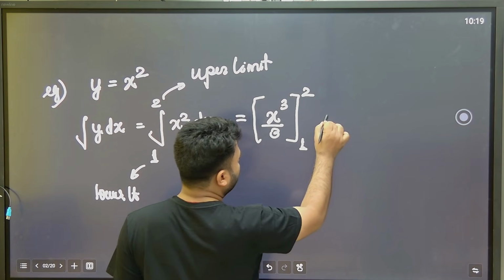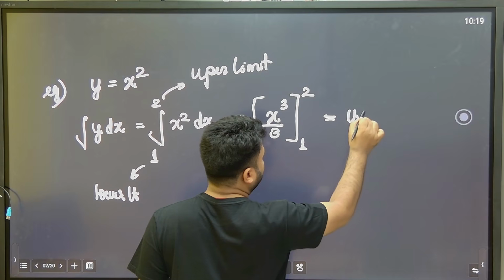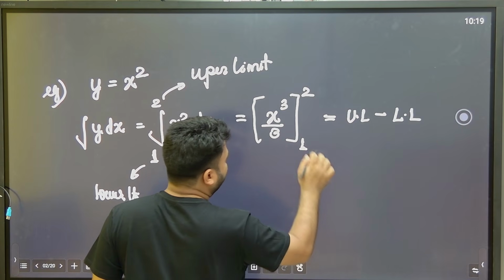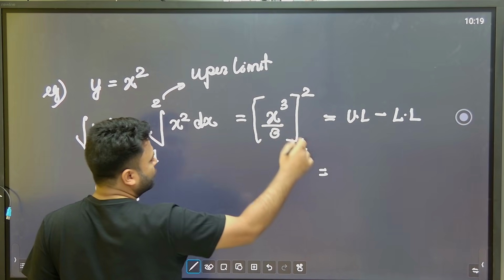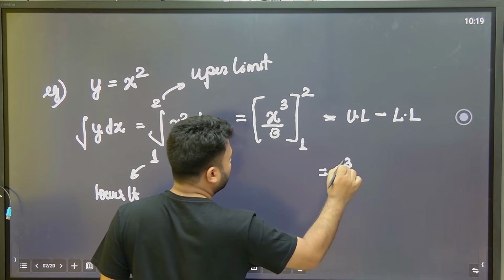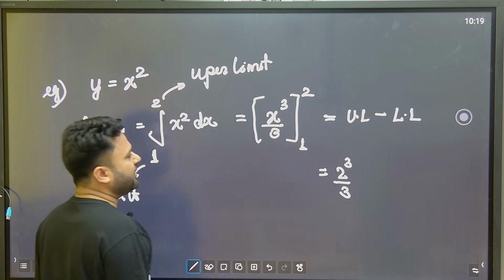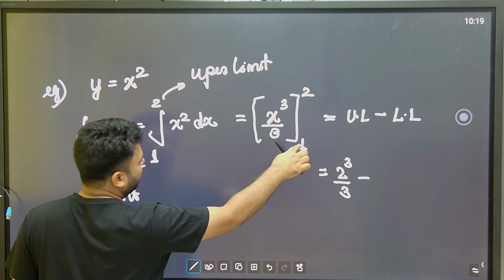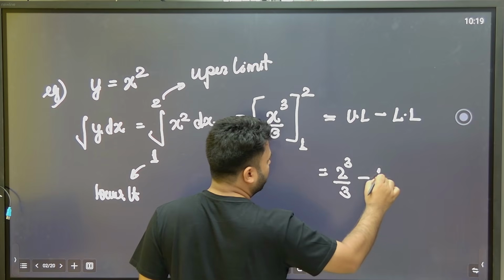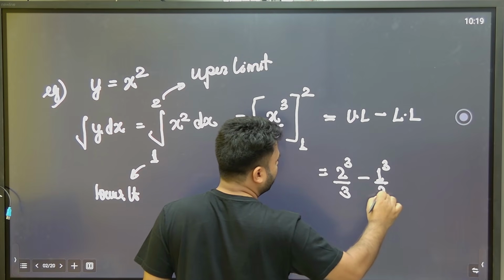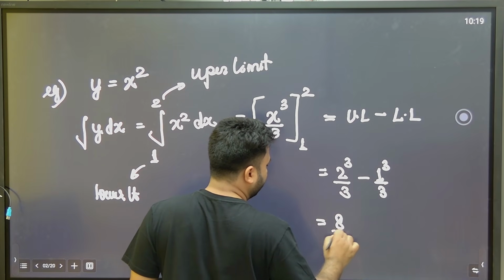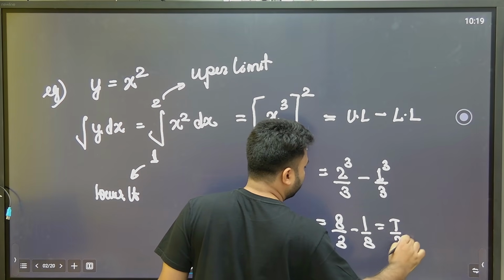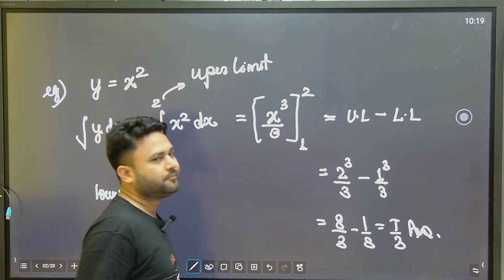Basically, we have to set upper limit minus lower limit. So if upper limit I set here in place of x, so 2 cube by 3, we have set upper limit, minus lower limit is 1, you set here 1 cube by 3. So this will be our answer. 8 by 3 minus 1 by 3. So 7 by 3 will be the answer.